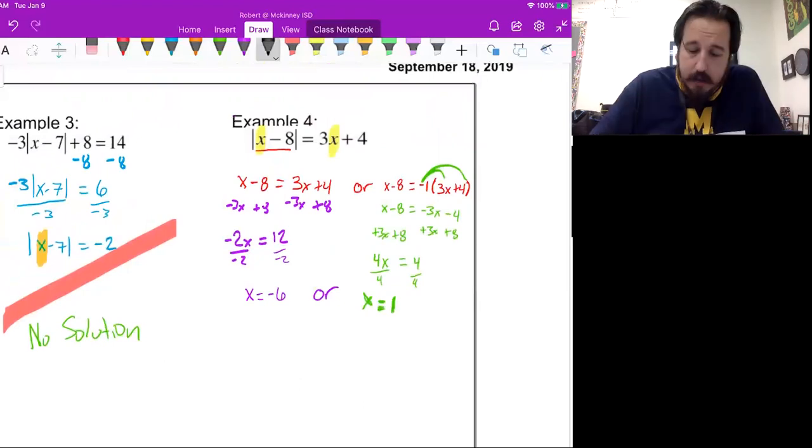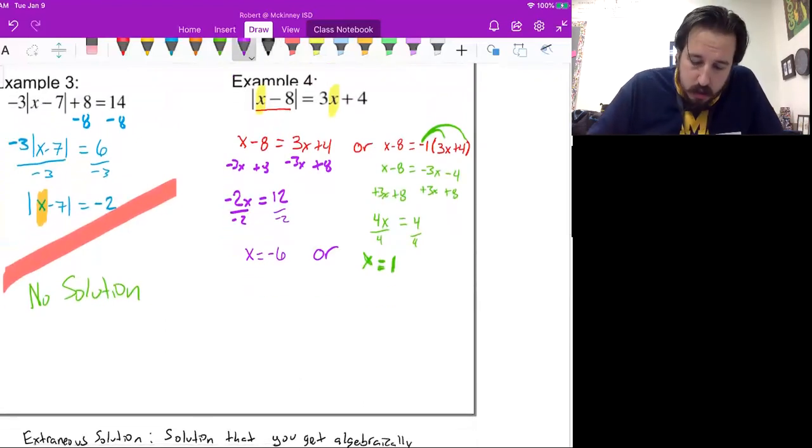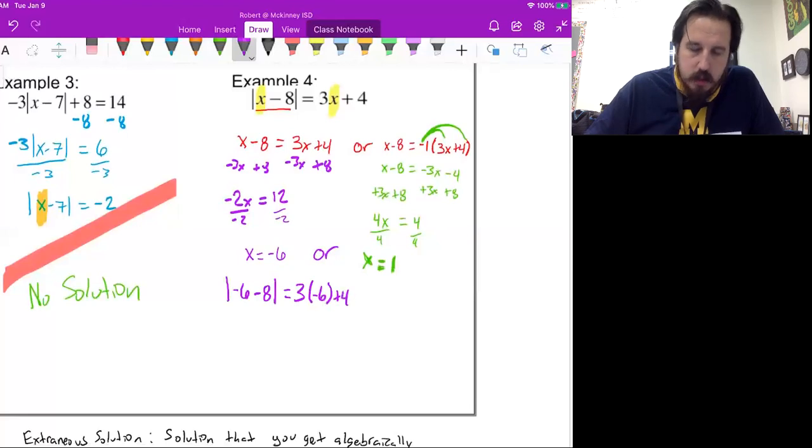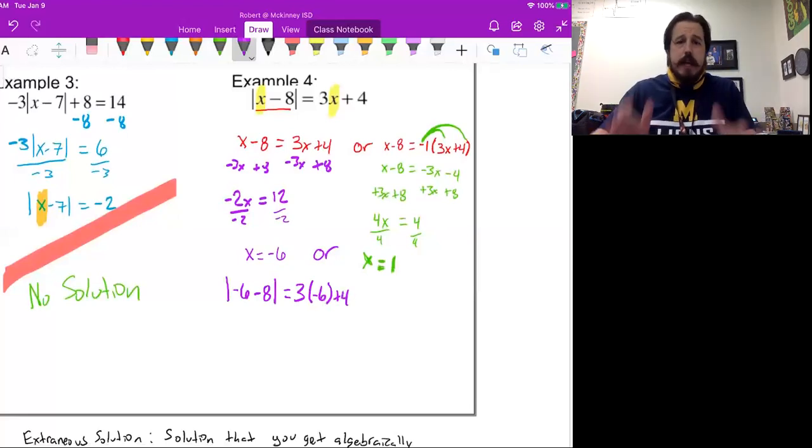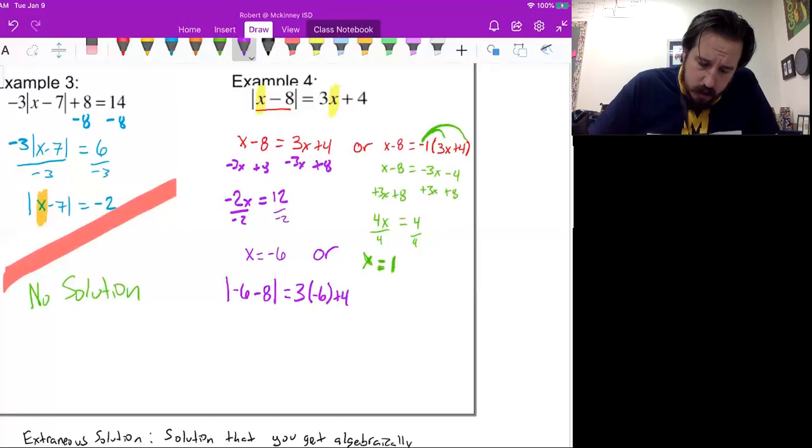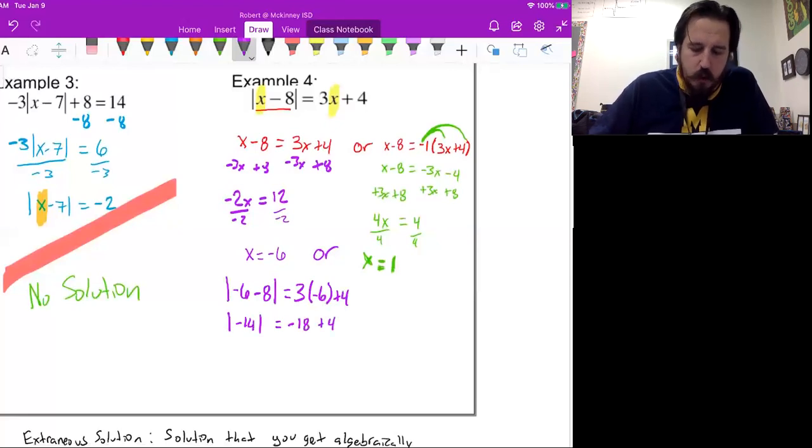So I have here the absolute value of -6 minus 8 equals 3 times -6 plus 4. Inside here, I've got the absolute value of -14 equals -18 plus 4.